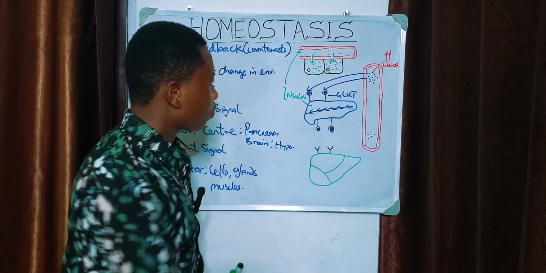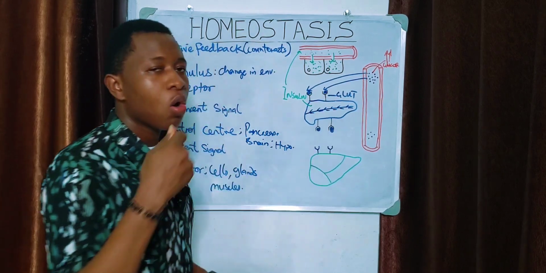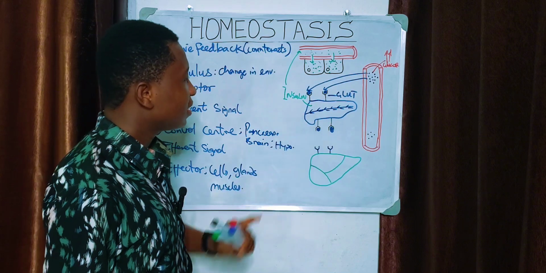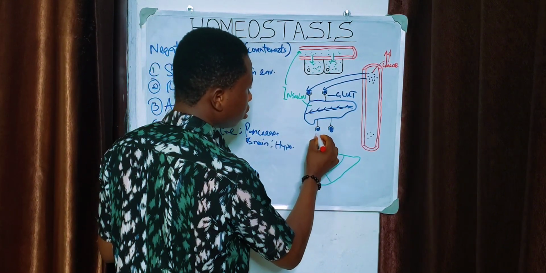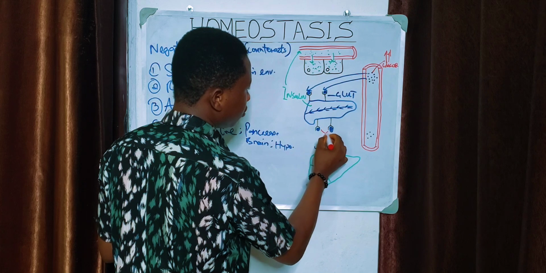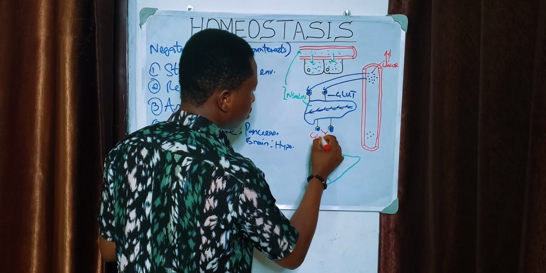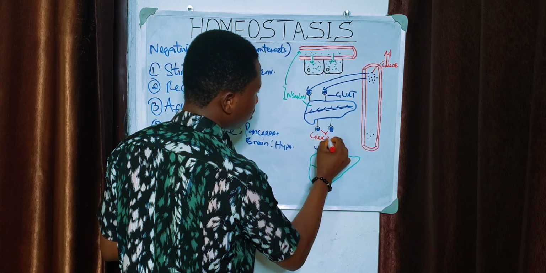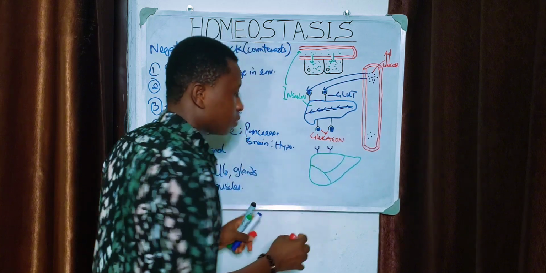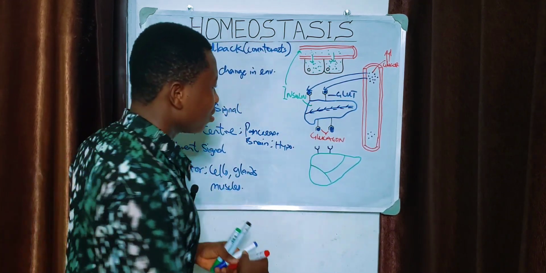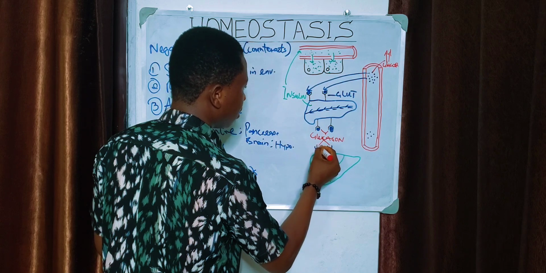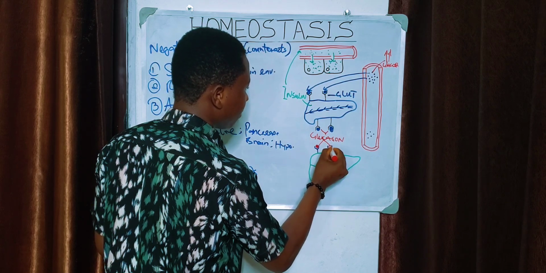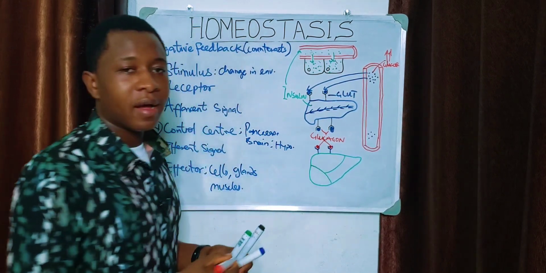Now, what does it do? It releases another hormone. Now, the hormone it releases this time is not insulin, but what we call glucagon. All right. Now, this glucagon is trapped by the receptors of the liver.